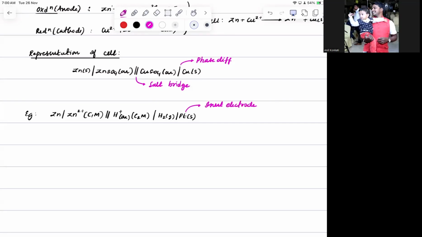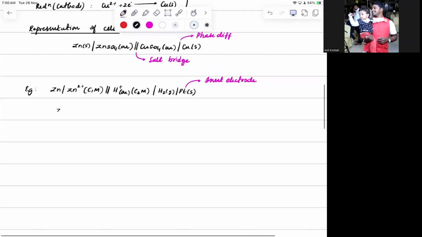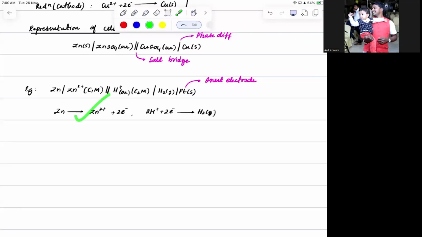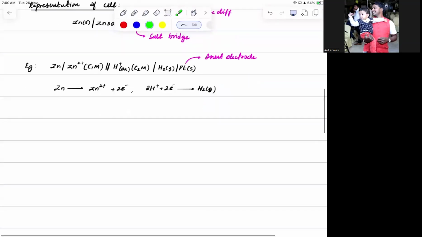Inert electrode should always be at the extremes, either on this extreme or on this extreme. Okay, always on the extremes. So in this case, zinc is getting oxidized to Zn2+ plus 2 electrons, while 2H+ plus 2 electrons is converting into H2 gas. So the left part is the anode reaction. This is the cathode reaction. That's how it is represented. Clear?